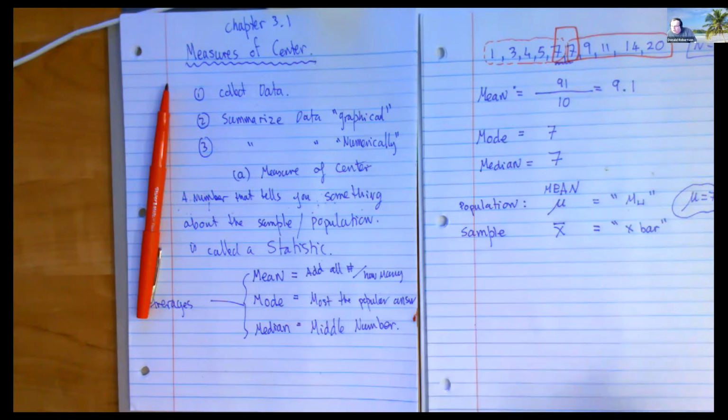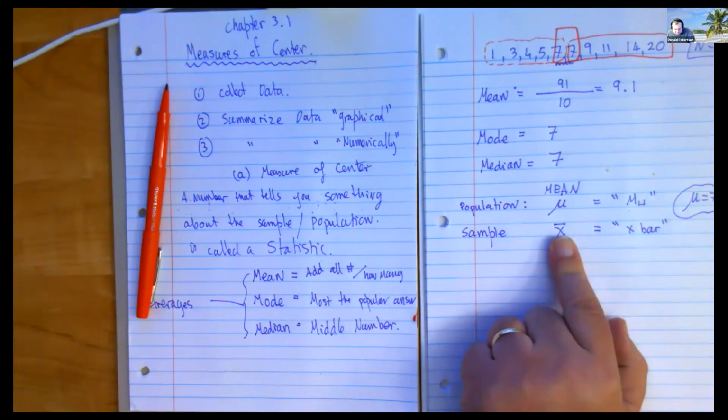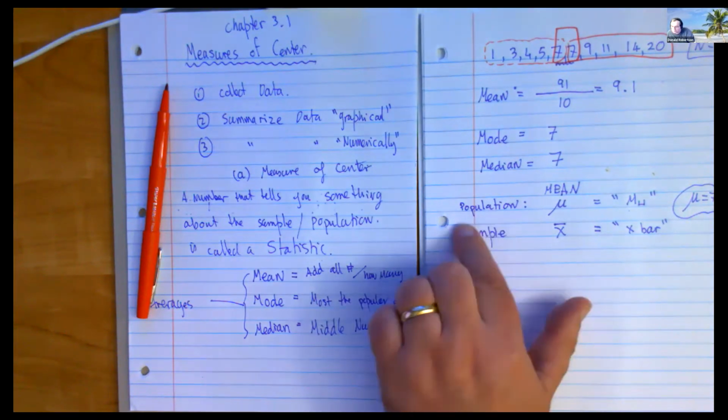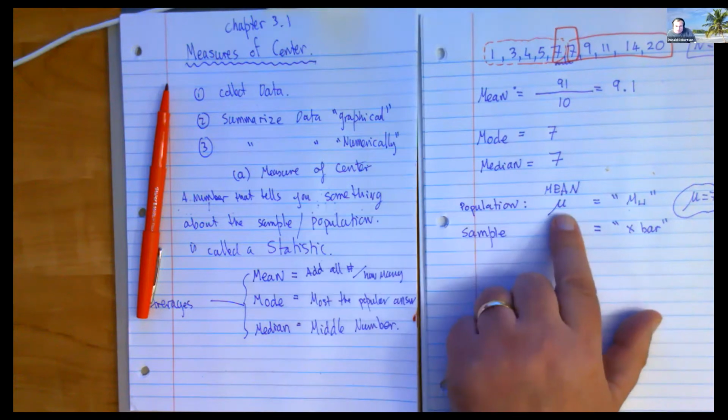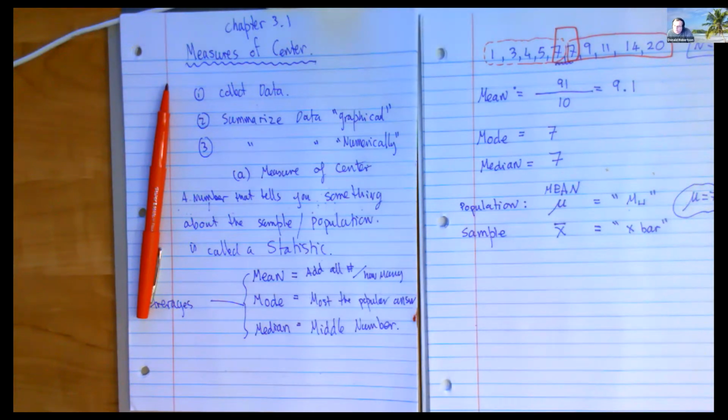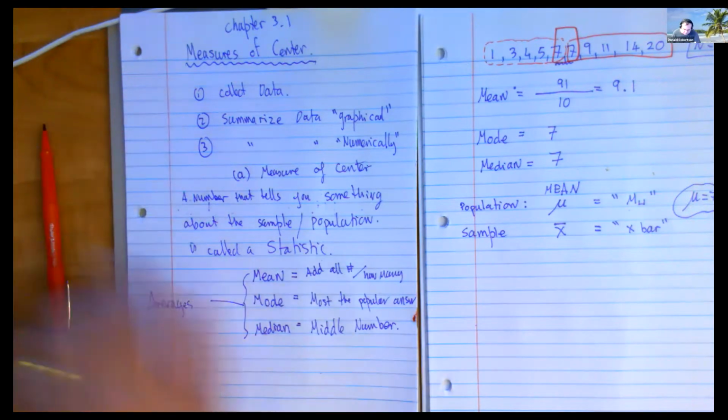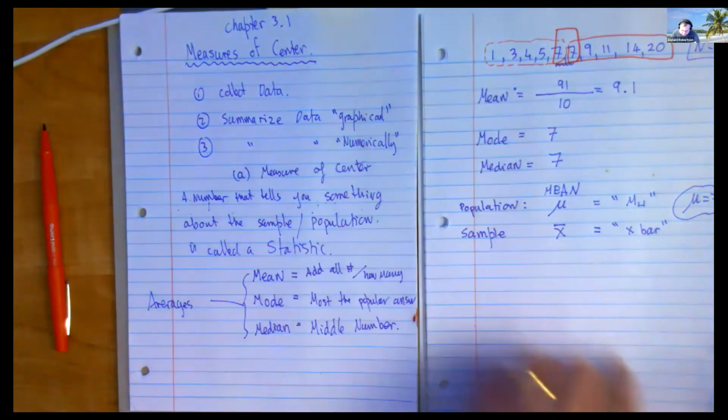So you imagine you only got 100 numbers in your sample and you added them all up and divided by 100, you would call it X bar. If you asked every single person in the population, you would call it mu. We good? Now, let's look at some practical issues about calculating these things.